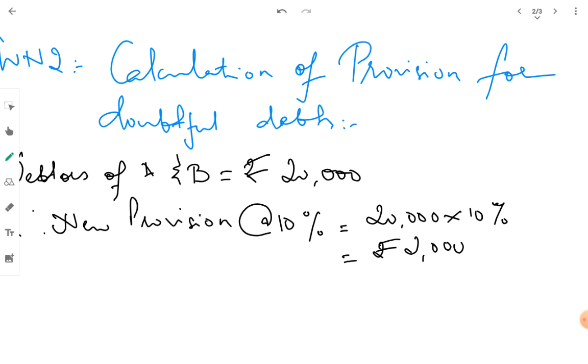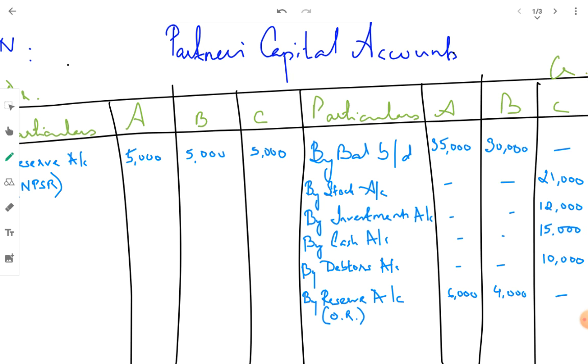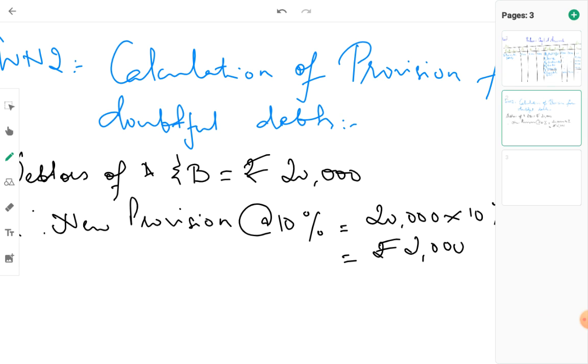And then further, you have to create another provision in the question. If you see, we have already noted down how partner C has debtors, right? C, debtors account, partner C, 10,000. On these debtors also, we have to create a provision. So we have to write down the provision with regards to your new partner as well.